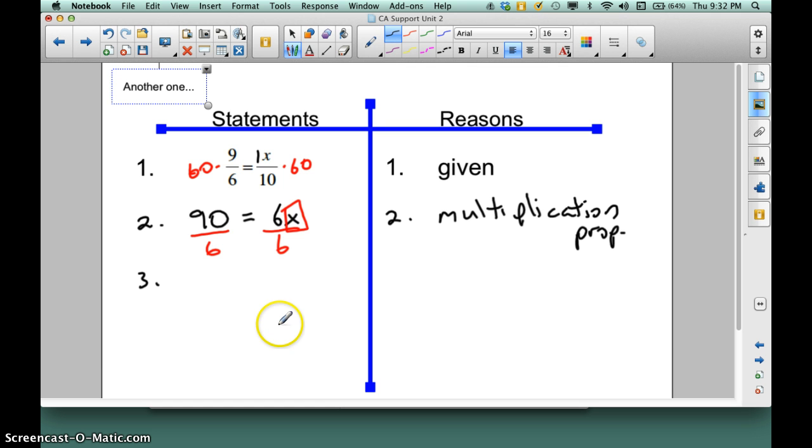Now, this looks a little backwards, but I don't want you to worry about that because it's okay. You're going to get the x on this side. It's all right, it doesn't matter. You put 90 over 6 in your calculator and you get 15.